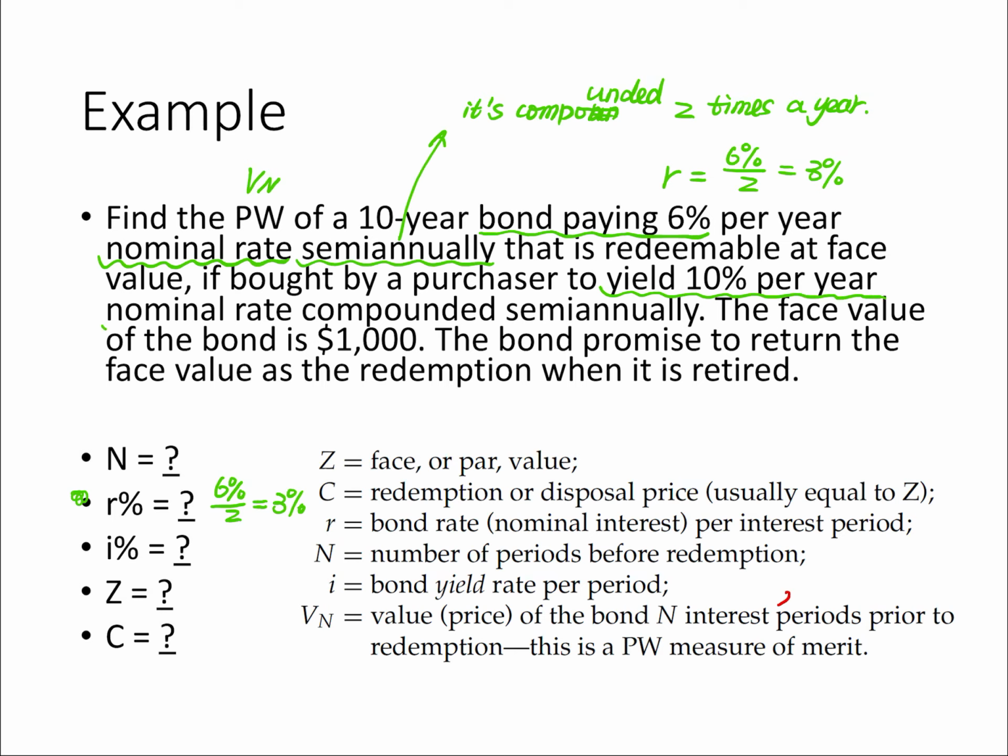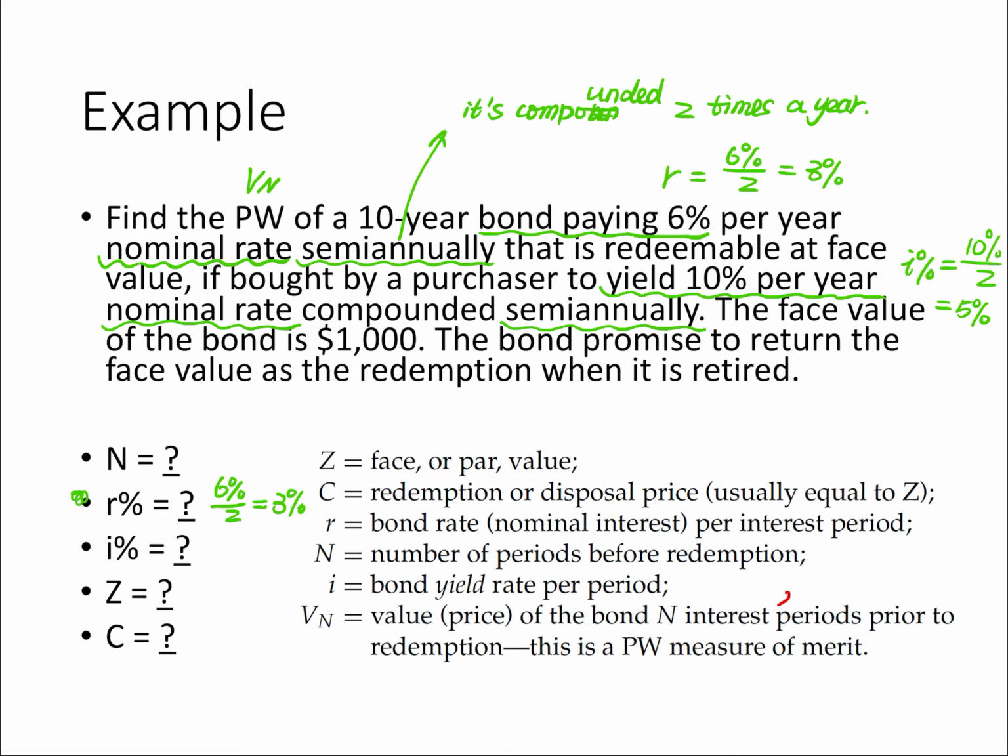If bought by a purchaser to yield 10% per year nominal rate, okay, yield rate or your personal MARR, 10% is your nominal rate, compounded semi-annually. So every year you are gonna calculate your interest twice. So your yield rate is gonna be 10% over 2, so it is 5%.